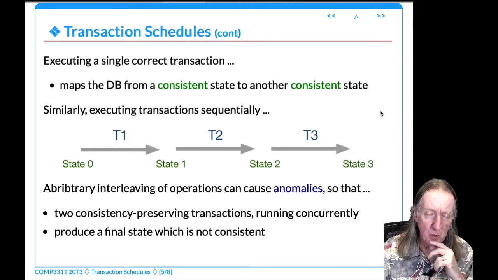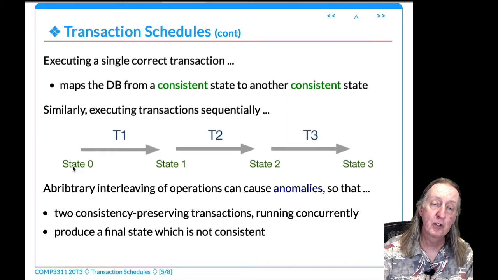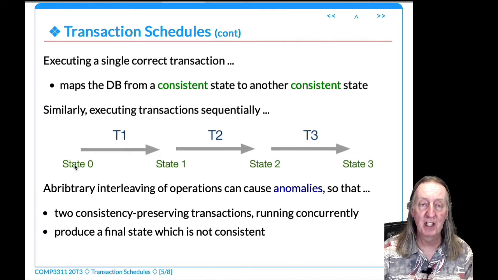Now what's important about sequential execution is that we start in a consistent state. I talked about what consistency meant in the transactions video. Basically it's the state of the database that satisfies all of the constraints. We execute the transaction, that puts us into a new state of the database, but that state is also consistent, satisfies all the constraints.